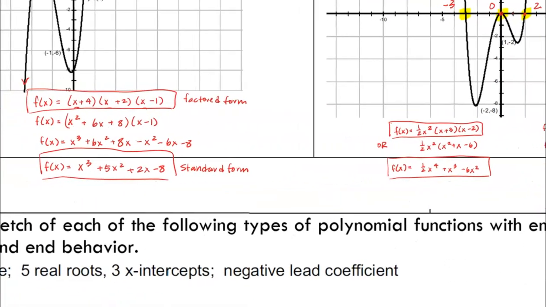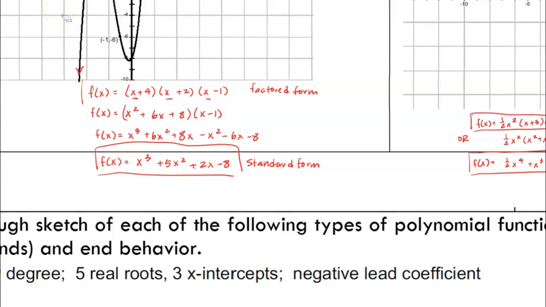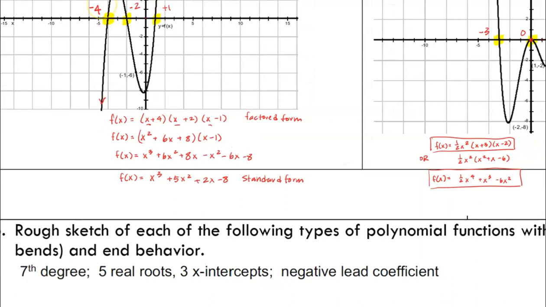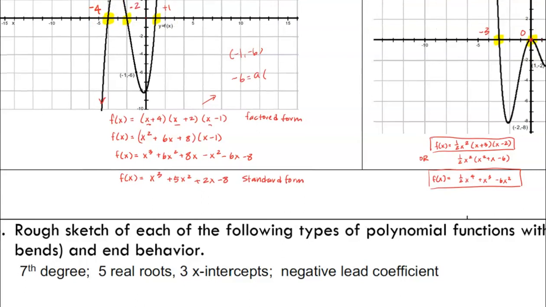Okay. Let's go ahead and find the a. I forgot to find the a for these. I'm going to use this one up here, f of x equals a. Does it give me points? Negative 1. So I'm going to use negative 1, negative 6. So negative 6 equals, what is that?